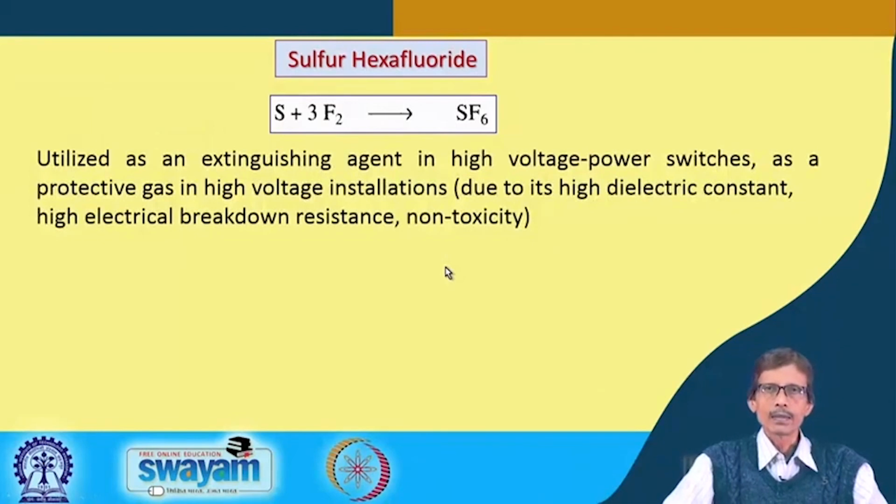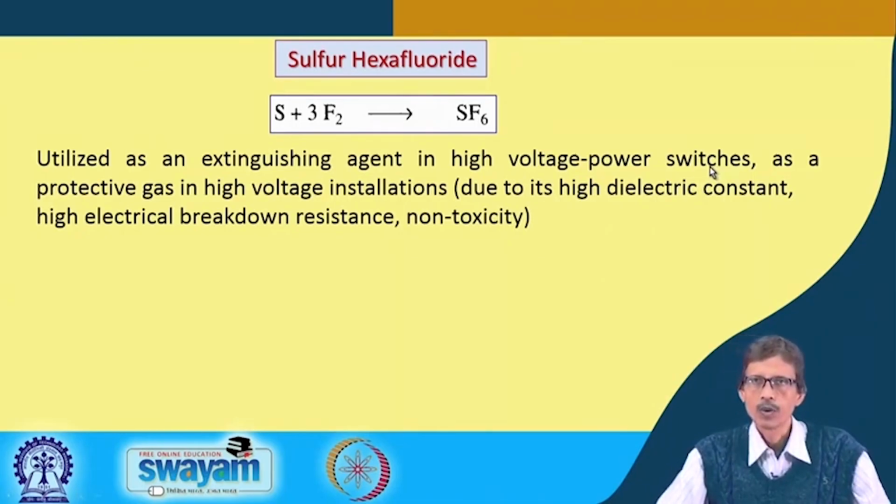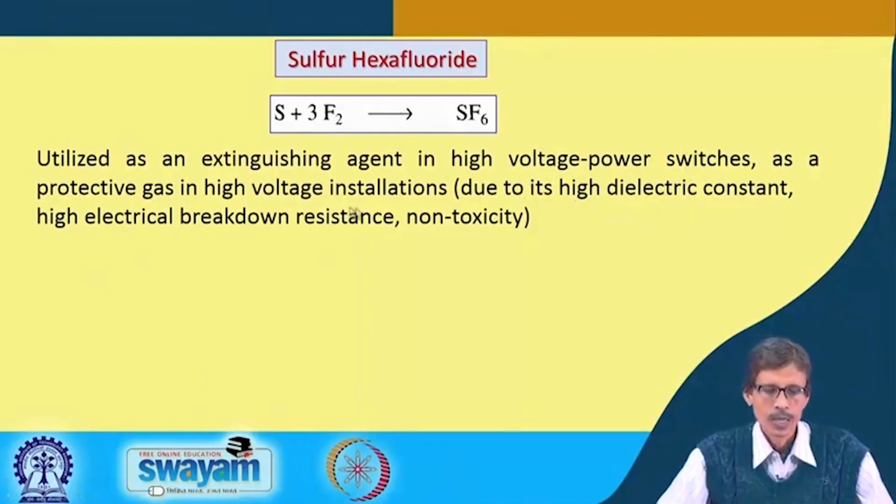And again, unlike a flame retardant material, it is an extinguishing agent, it can extinguish the flame. So, it is a flame extinguishing agent in high voltage power switches, in transformers and other cases, because that particular gas is utilized as a high voltage power switch.